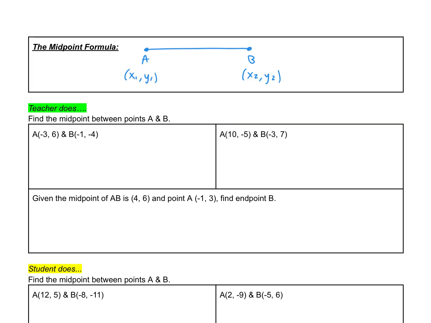So you have coordinates for A and B. And then we have some midpoint in the middle, M. The way I know it's a midpoint is I'm going to put tick marks. The way that I find M is I'm going to add the x coordinates and divide by 2. I'm going to add the y coordinates, and I'm going to divide by 2.